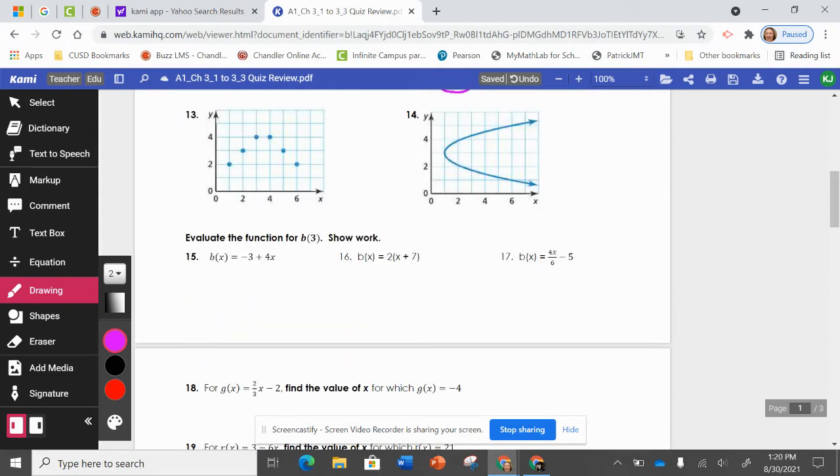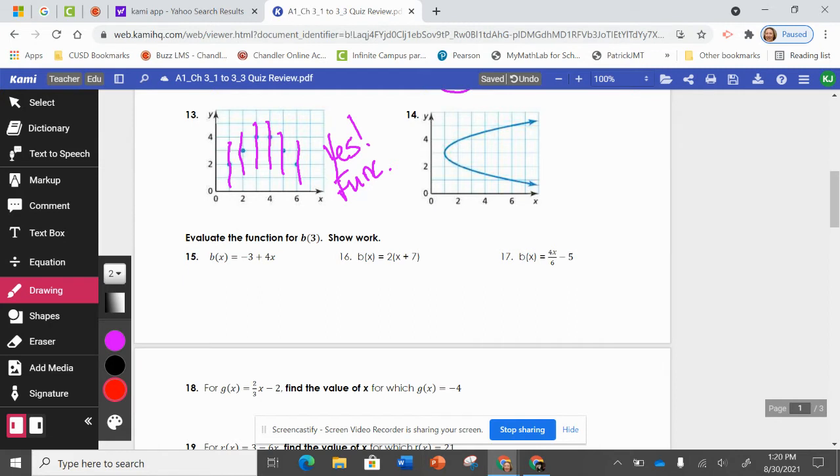For number 13, if I use the vertical line test, you can see that every vertical line that I'm able to draw only touches our graphed dots one time. So yes, this is a function. No x value is repeated. There's no 2 dots. It passes the vertical line test.